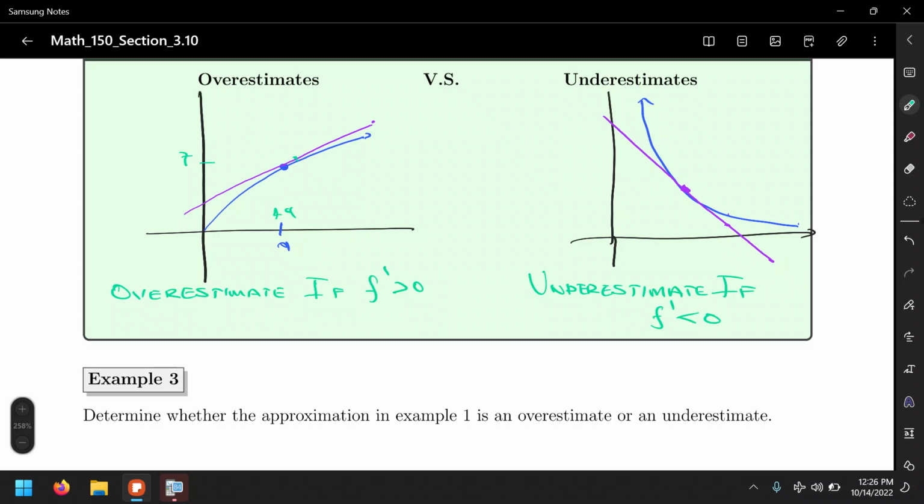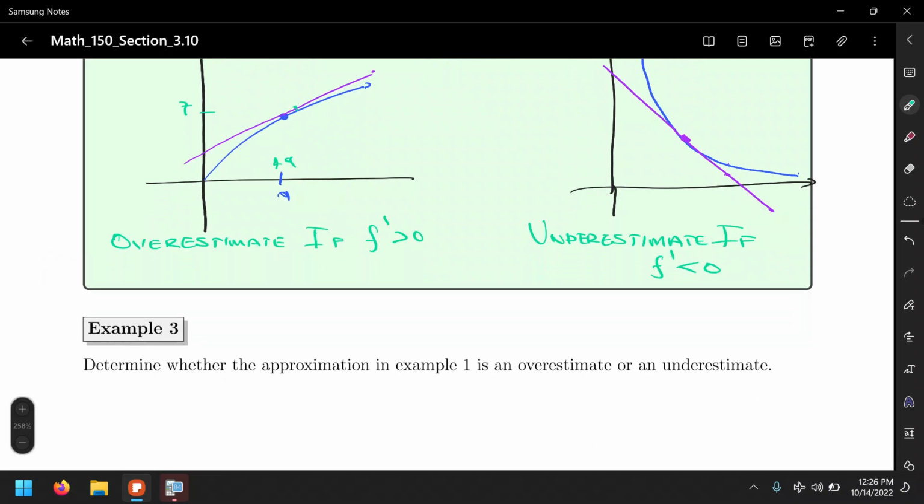And again, I don't have an example with an underestimate, but at least let's verify for number 3: determine whether the approximation in example 1 is an overestimate or an underestimate. Well, we already did it by comparing the numbers, right? However, we are going to determine it by the value of the slope.